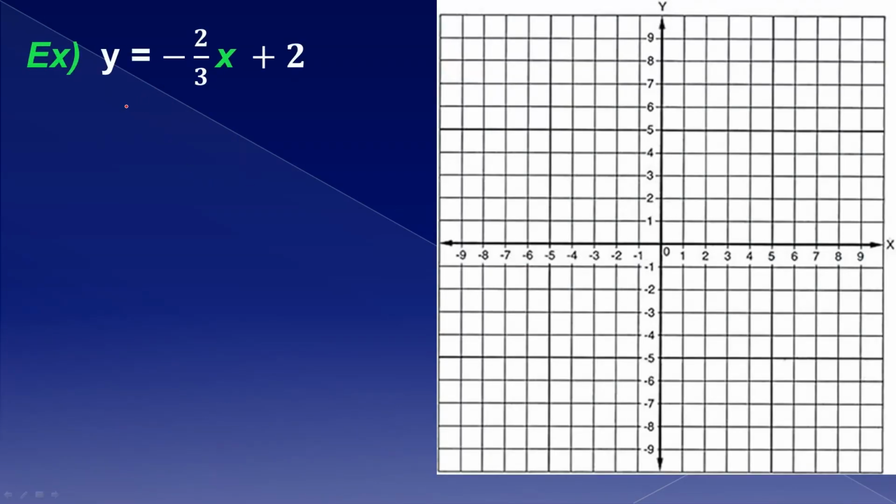We got y equals negative 2/3 x plus 2. As I mentioned before, here negative 2/3 is the slope and 2 is the y-intercept. So how is it going to help us draw on the coordinate plane?